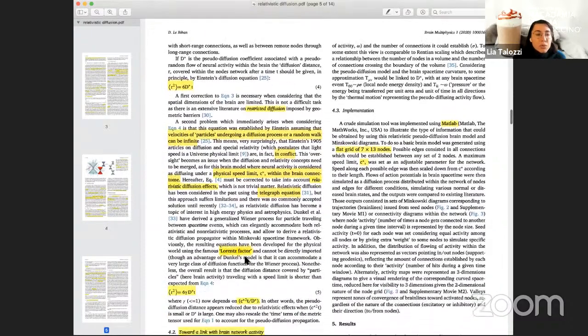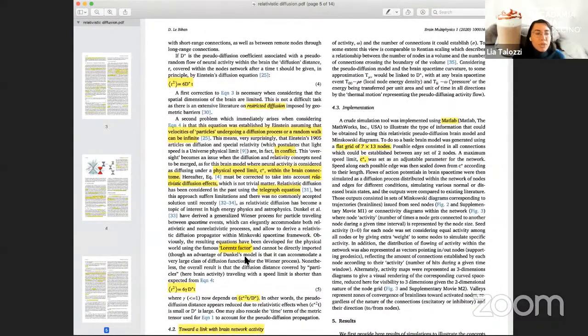And so to improve this framework, here you have the Lorentz factor gamma. This is a really relativistic description where you are imposing a limit on the propagation, a velocity limit, which in the relativistic framework described by Einstein was the speed of light. Here the limit is given by the connectome.